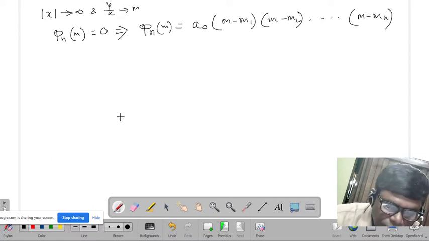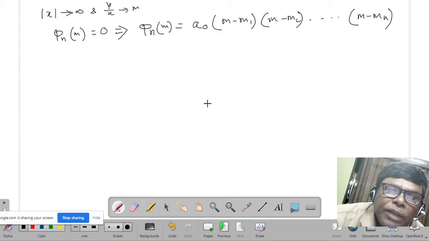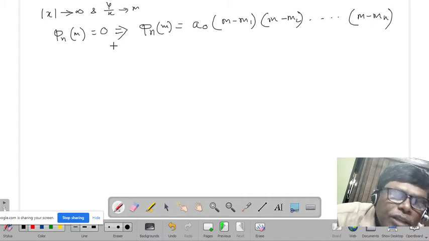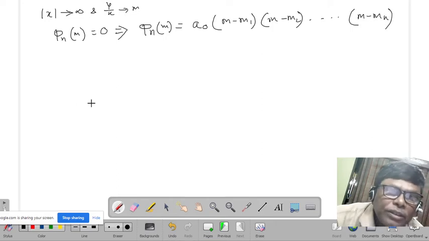Okay, that means there are n roots of this equation, and m1, m2, m3, m4, all these are roots of this equation.